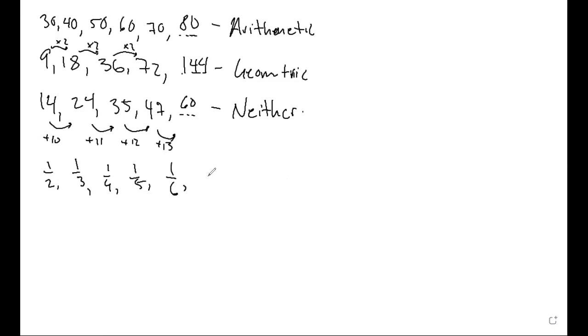Now, is this arithmetic, geometric, or neither? It's neither. People say neither. Then which one do you say?